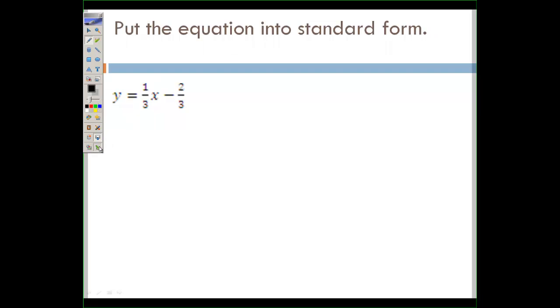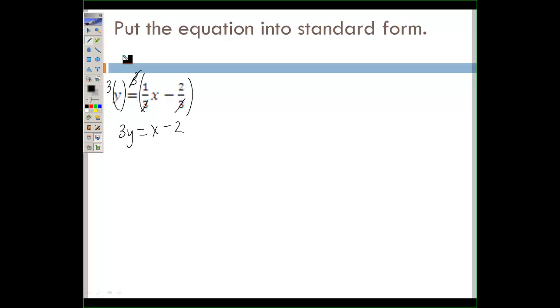Now we do have some fractions. So what we need to do first, like all equations, is to get rid of them. So initially, before I do anything else, I'm going to eliminate them by multiplying both sides of this equation by 3. That means I have 3y equals x minus 2.